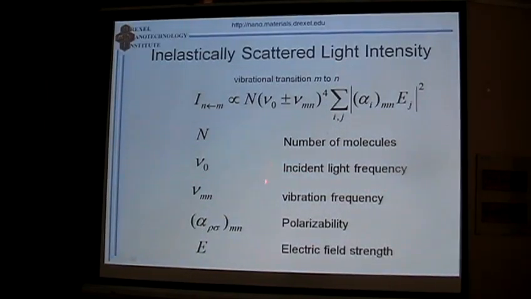You can play with the frequency of light, and it's important because it's in power 4, especially if by changing the frequency you can also affect polarizability. If you get the molecule more strongly polarized, if you get a resonance, the molecule in resonance, you can have a dramatic increase by several orders of magnitude in intensity.